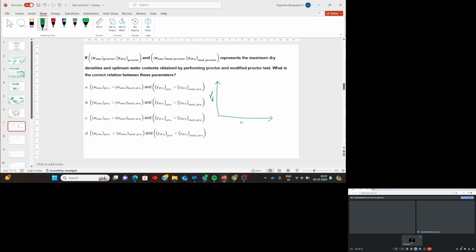Sir, modified. In modified you will apply more energy, right? Yes, sir. Now, if you are applying more energy, what should happen to the dry density? When you are applying more energy for a particular water content, what will happen to the density?